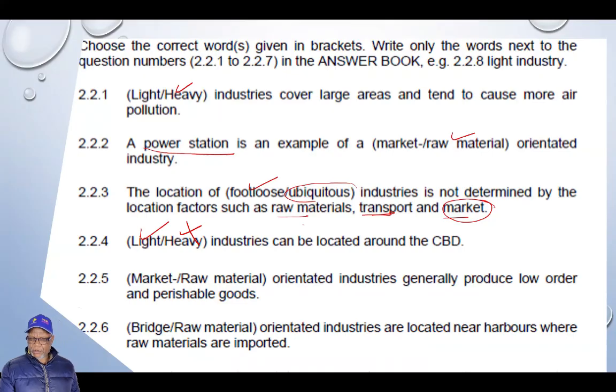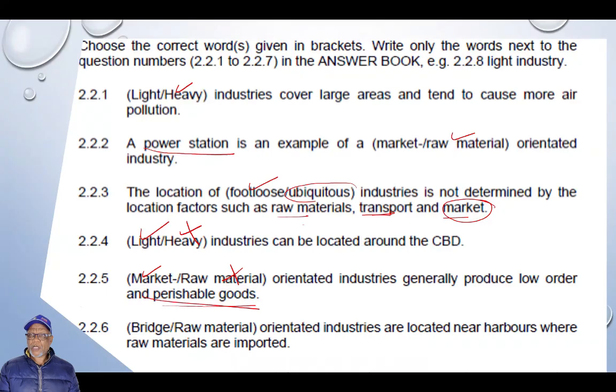Market or raw material orientated industries generally produce low order and perishable goods. So it will be the market orientated industries which are located closer to the market, or closer to the customers, not the raw material. Raw material industries are located far from the market, and they don't produce perishable goods.